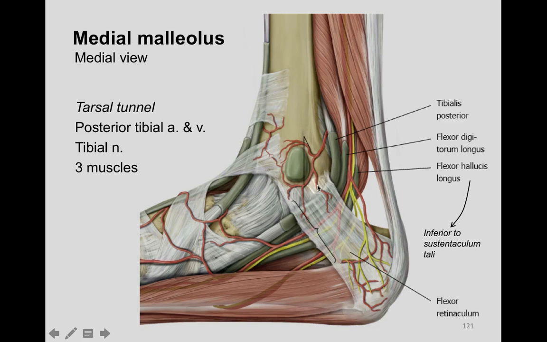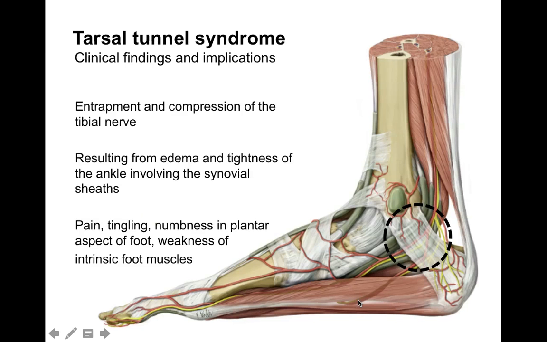Instead of forming the carpal tunnel, we have the tarsal tunnel. And we do have tendons going through the tarsal tunnel, the three tendons of tibialis posterior, flexor digitorum longus, flexor hallucis longus, as well as posterior tibial artery and vein and the tibial nerve. They all pass through the tarsal tunnel, which is formed by the flexor retinaculum.